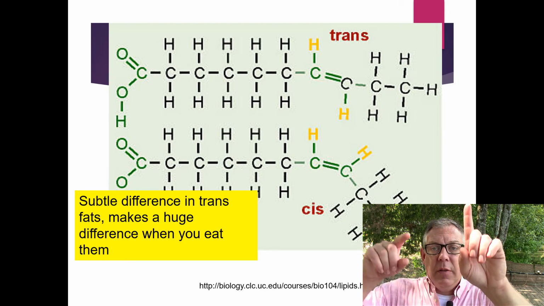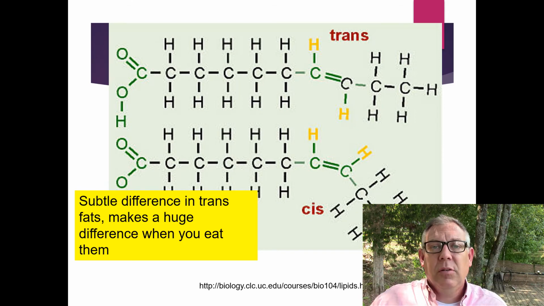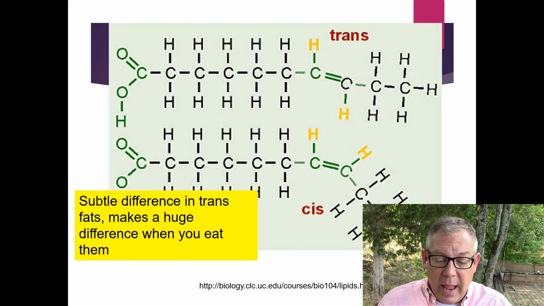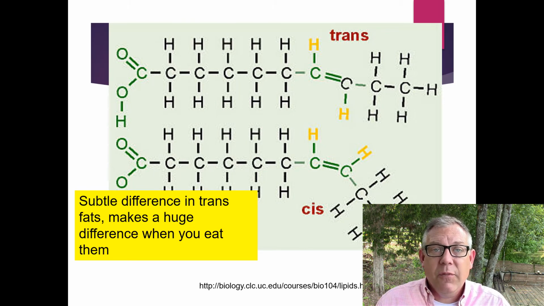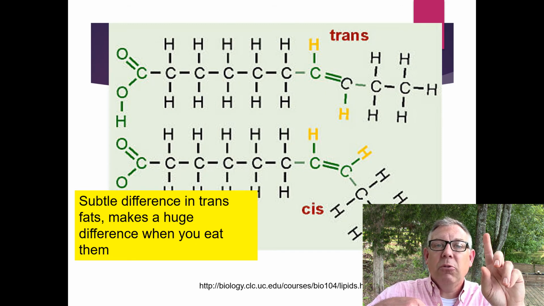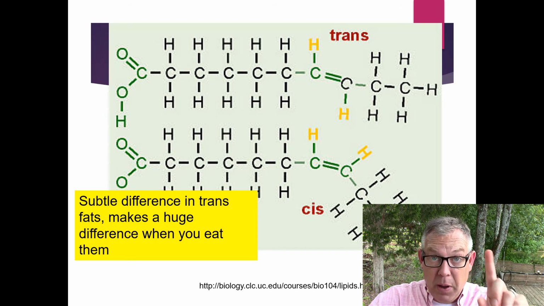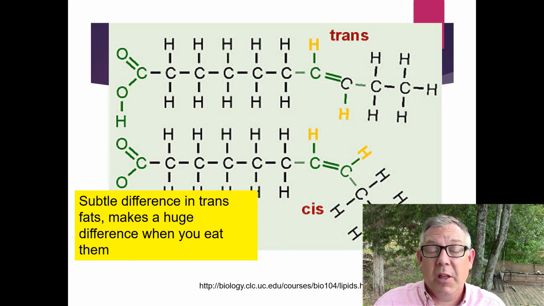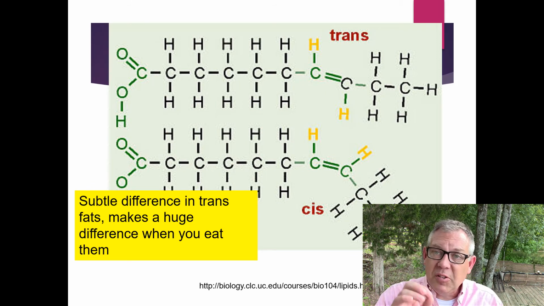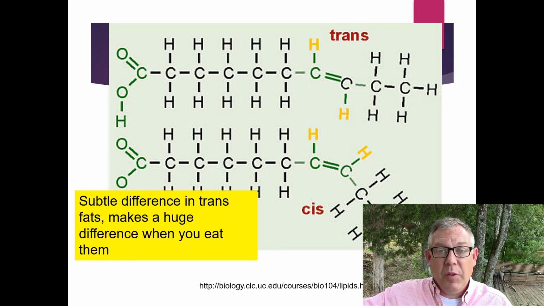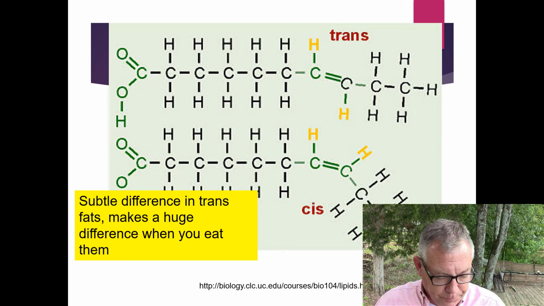On the top one, the hydrogens are on opposite sides of the double bond, and that's a trans fat. Again, the trans fats are very unhealthy for you, and their only difference is just where that hydrogen is. That is a really small difference, but it makes a big difference when you're talking about cardiovascular health. So again, understanding things at the molecular level helps you to see what they'll do at the organismal level.